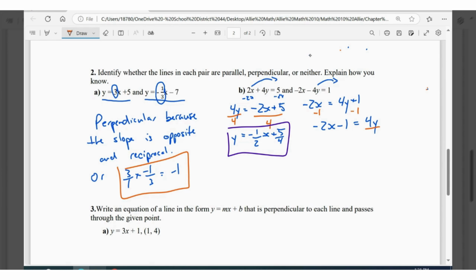And it's looking promising, isn't it? It looks like we'll have y equals -2/4, which is -1/2 x minus 1/4. And so you'll find we have the same slope, but different intercepts. So parallel because same slope. There you go.